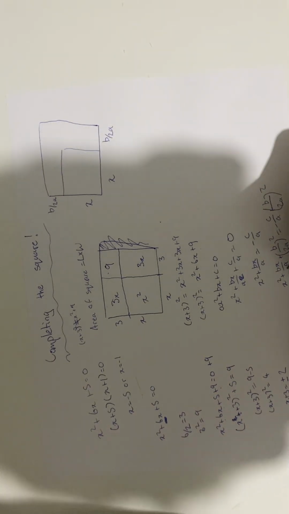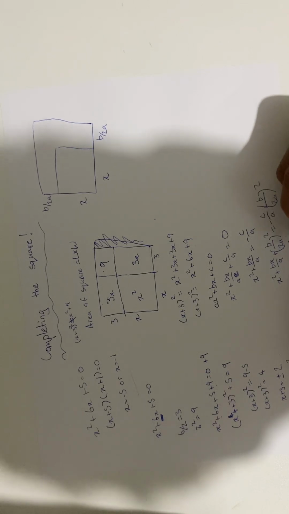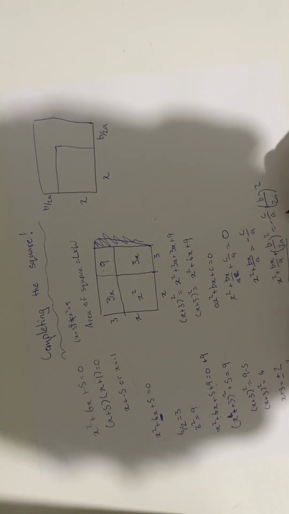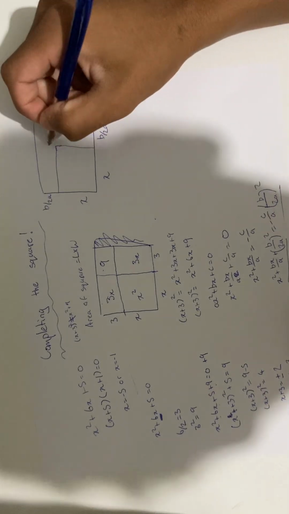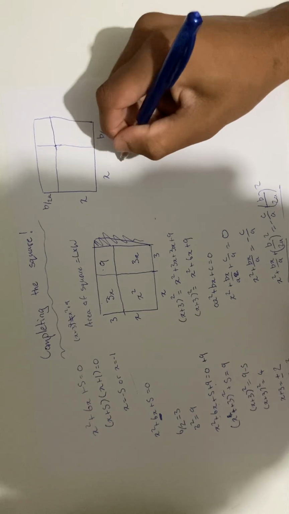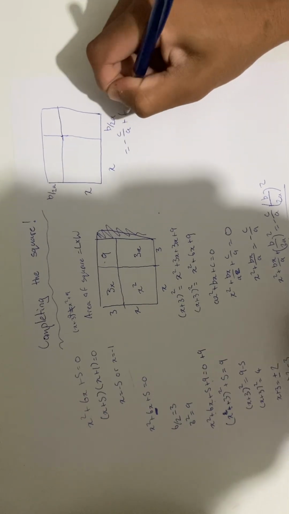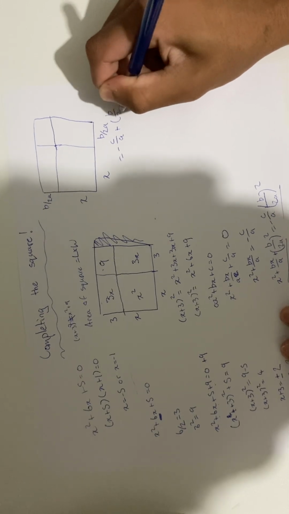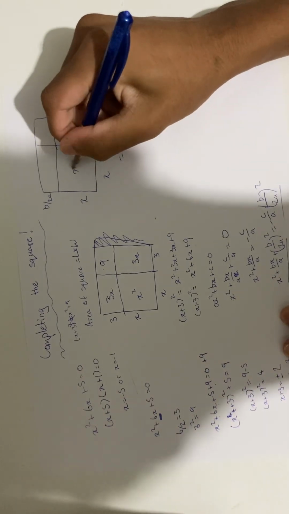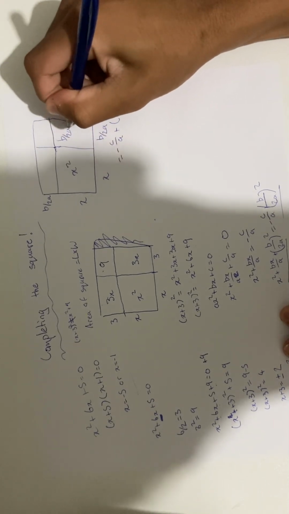And we know that this must be equal to this. So therefore, this square must be equal to minus c divided by a plus (b divided by 2a) squared. So now let's figure this out. This is going to be x squared. This is going to be b divided by 2a times x.